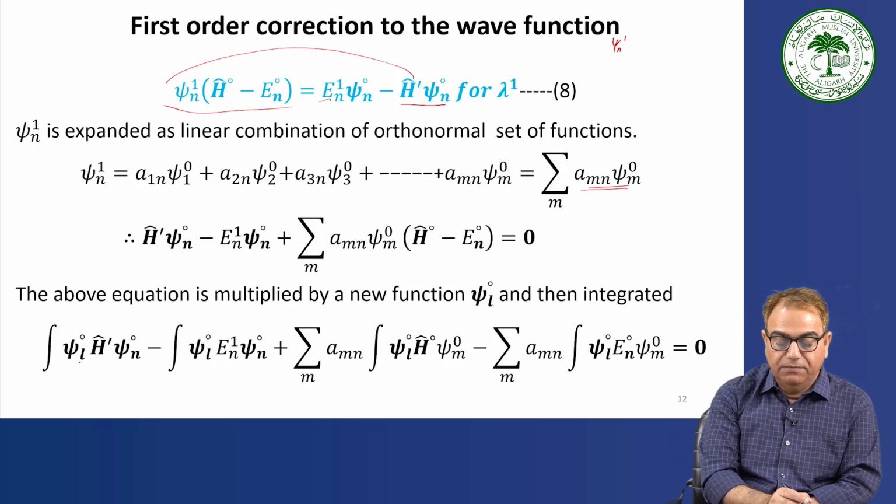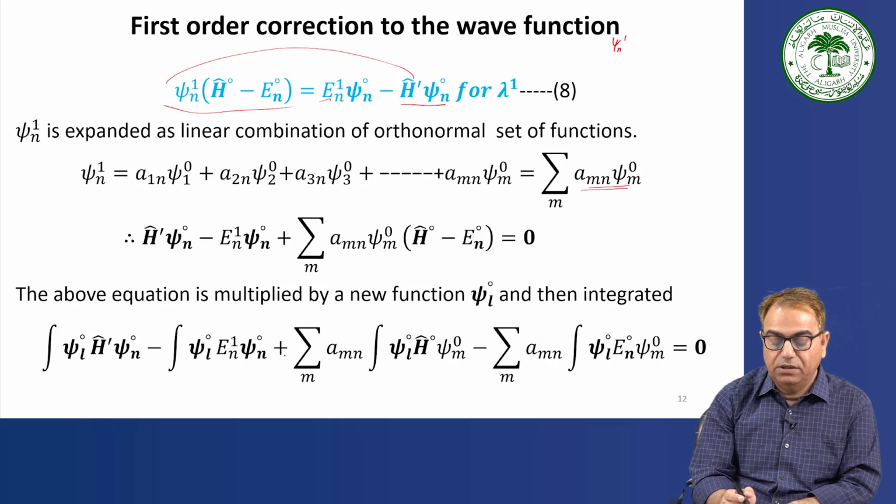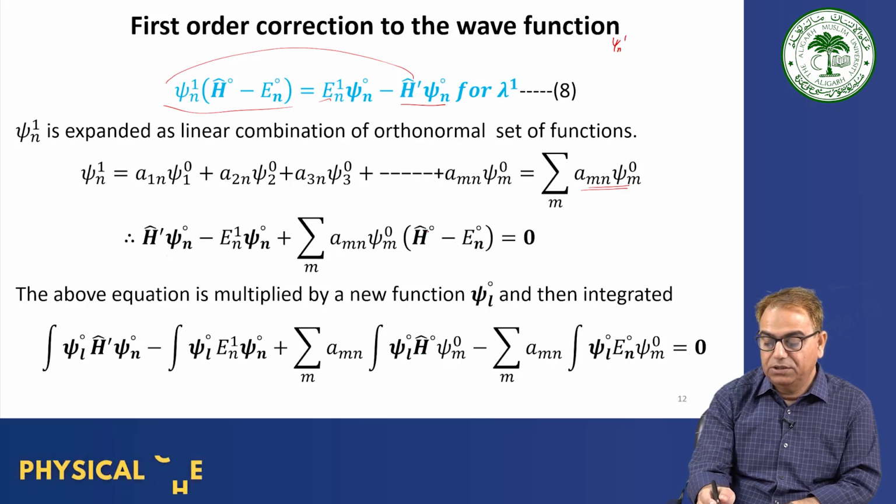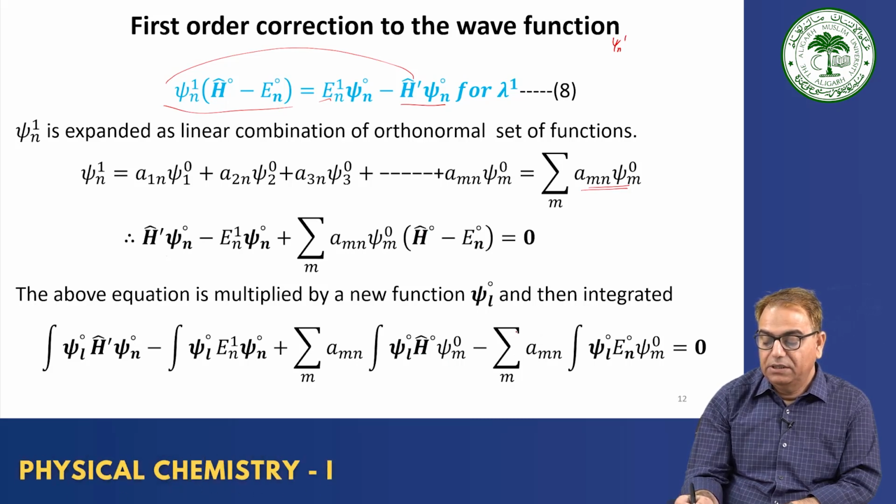The first is the integral of psi l naught H prime psi n naught, minus the integral of psi l naught En1 psi n naught, plus the summation of amn times the integral of psi l naught H naught psi m naught, minus the summation of amn times the integral of psi l naught En naught psi m naught. So you have four terms, and therefore four integrals.